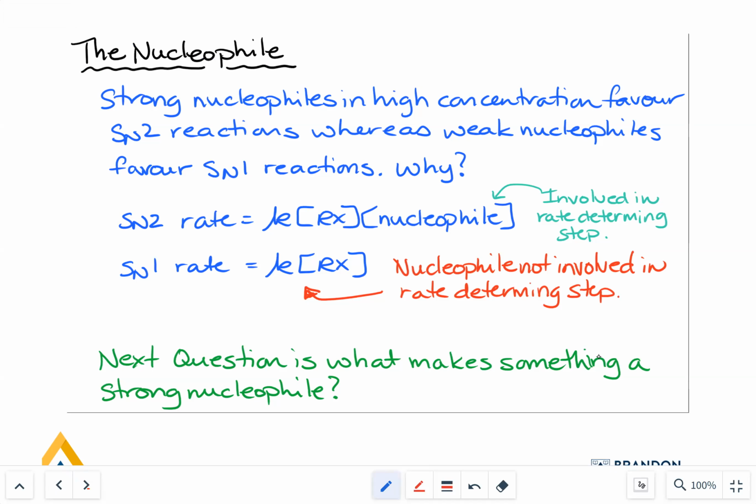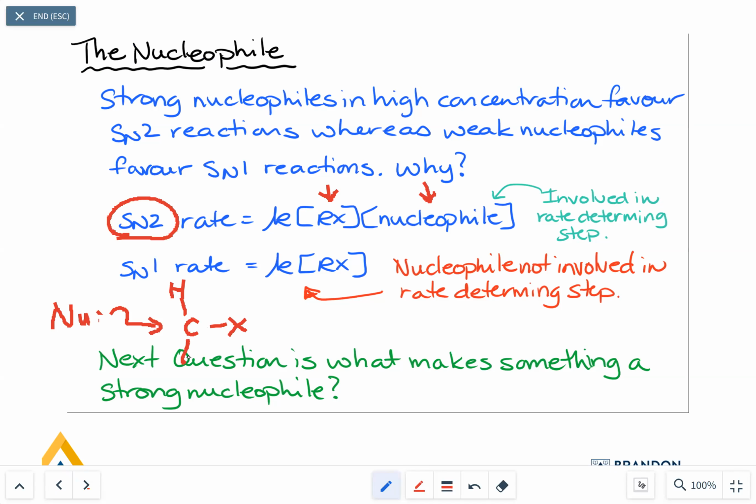Because if you look at the two rate determining steps, in the SN2 reaction, remember the two molecules had to collide with one another, and so the rate was dependent upon both the alkyl halide and the nucleophile, because the nucleophile was attacking that carbon with the leaving group, and then the leaving group was leaving.